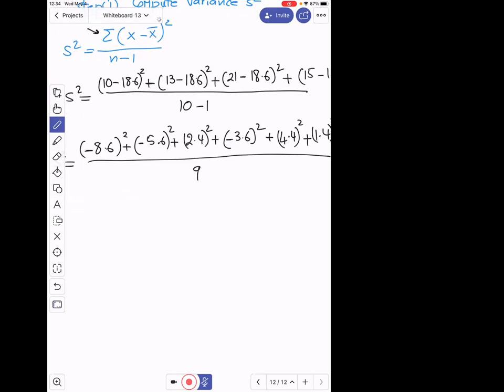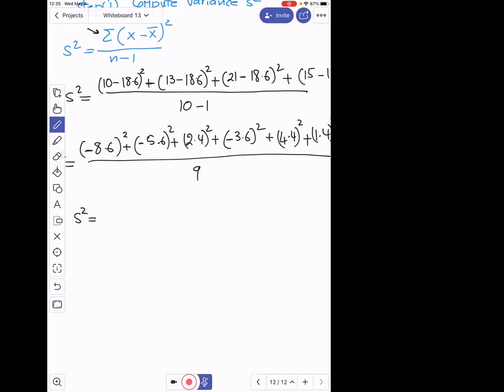All right, so now let's compute the squares. So now I'm gonna apply the squares. The square of a negative is always positive, okay? So after you apply the square, everything is gonna be positive, because the square of a negative number is positive.